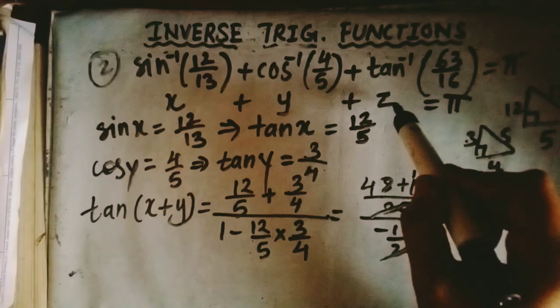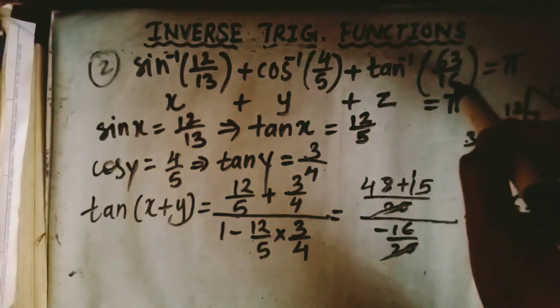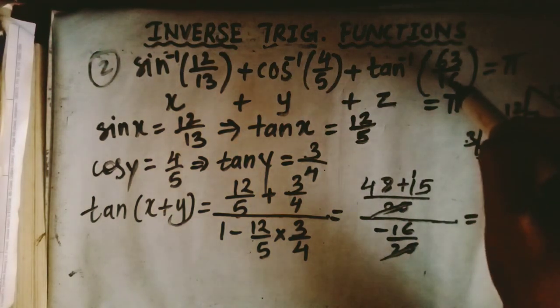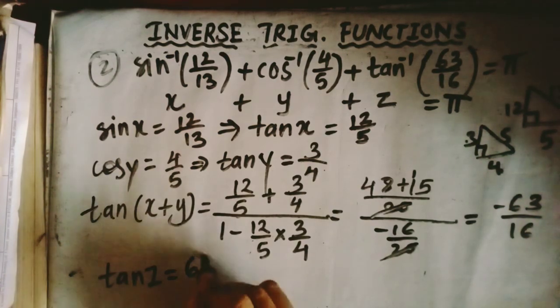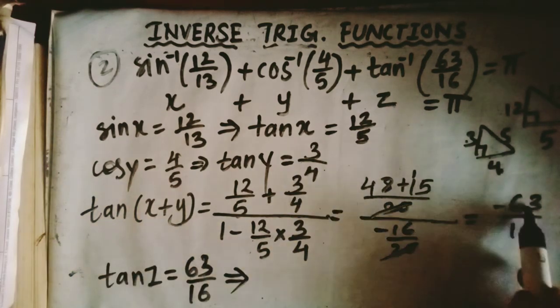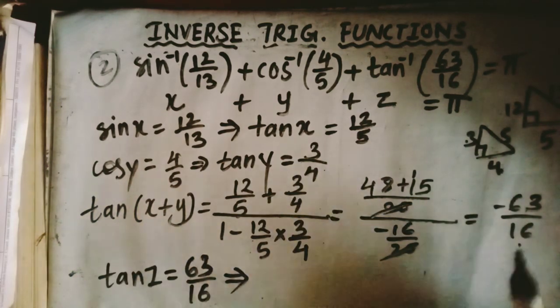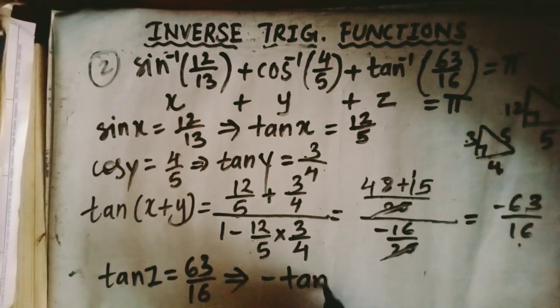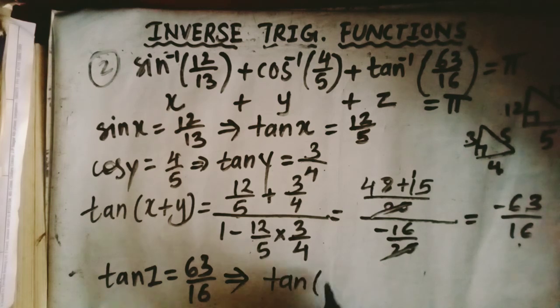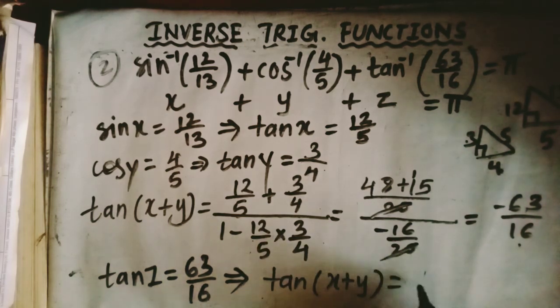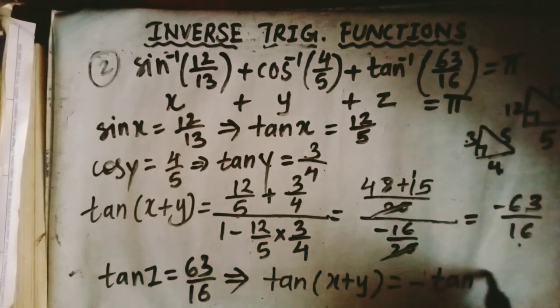Now we have here z equal to tan inverse 63 upon 16. So our tan z is 63 upon 16. So we got this as minus 63 upon 16, so minus tan z. So our tan of x plus y is nothing but minus tan of z.